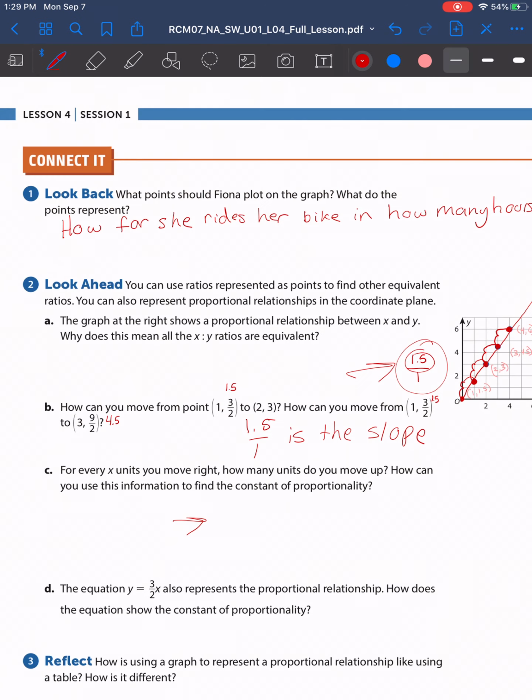This is such an easy question. It's just really complicated. Basically, it's asking us, what is the slope? The slope is 1.5 over 1. What that means is we go up 1.5 and then move over 1 to the right.